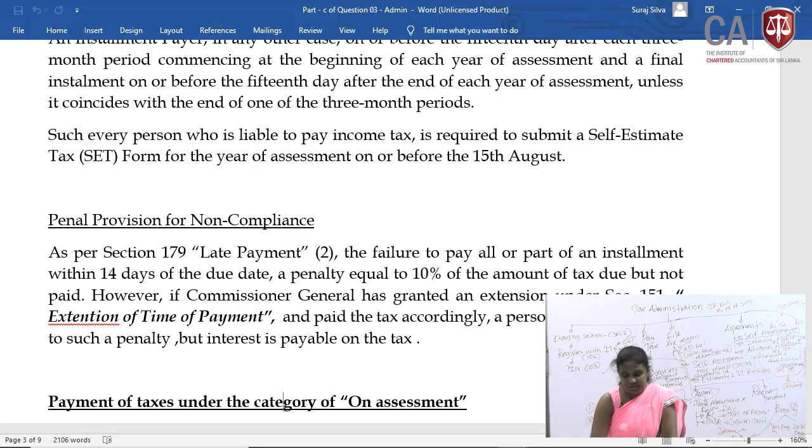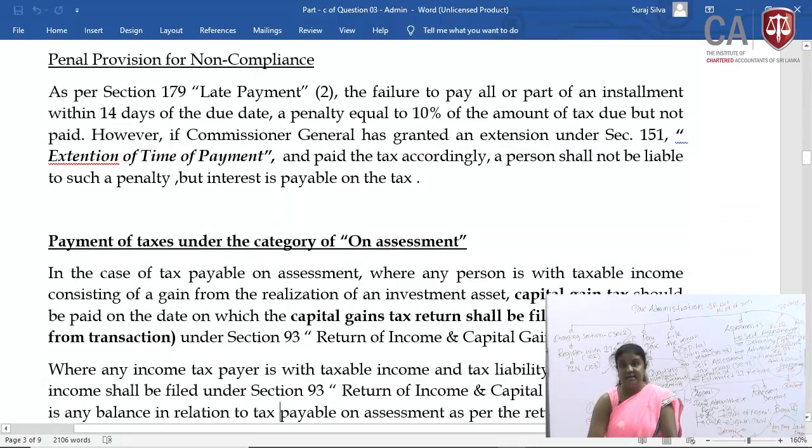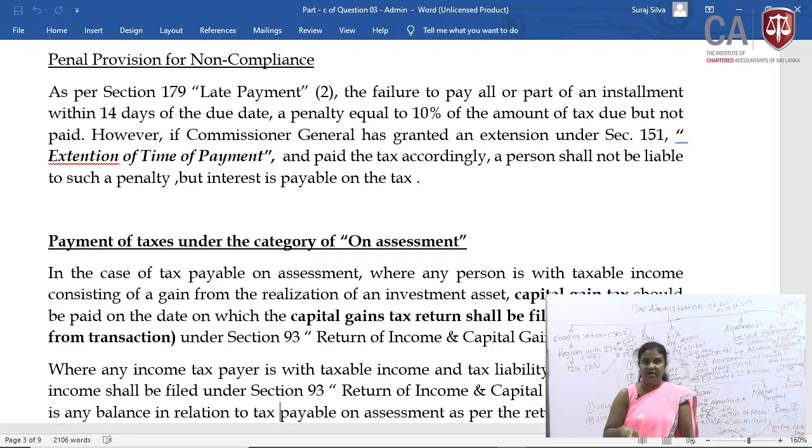Then the penal provision for non-compliance as per section 179. Again, I have previously explained section 179 subsection 1. Now, section 179 subsection 2: the failure to pay all or part of the installment within 14 days of the due date. There is a 14 days gap without charging penalty.